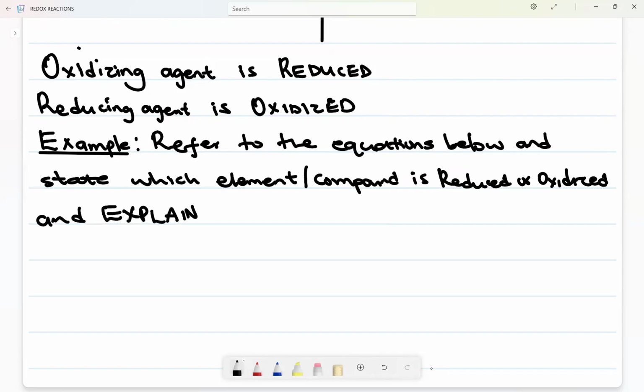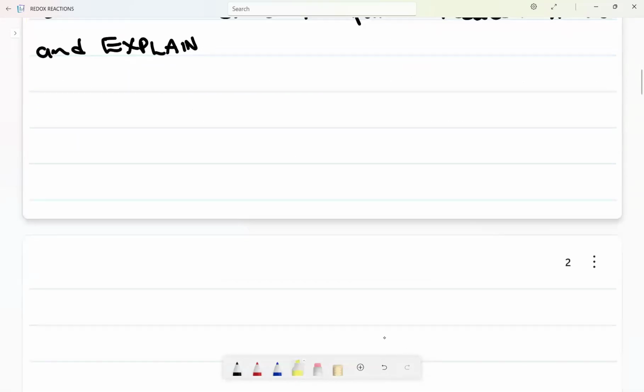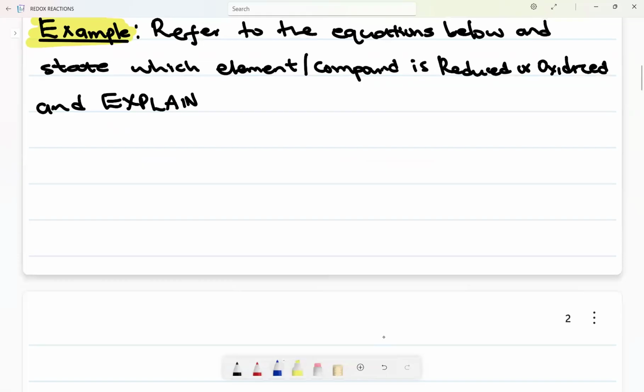So it says refer to the equation below and state which element or compound is reduced or oxidized and explain.